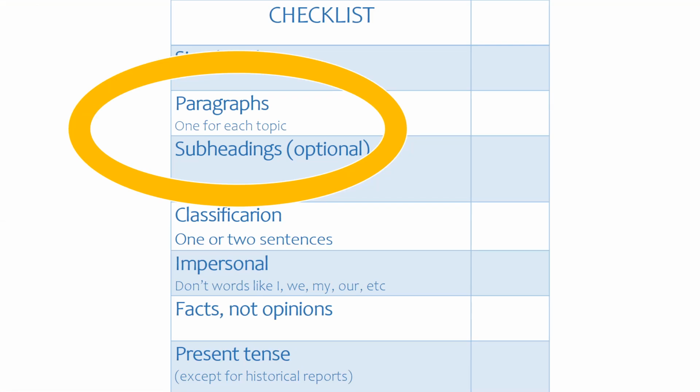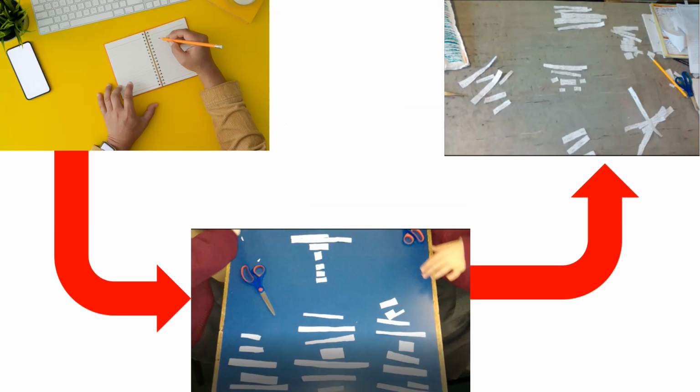Our next step is to decide what each paragraph will be about and write in those subheadings. When you have a lot of information on a topic, it's not always obvious what you should write each paragraph about. So what we did was to write everything we knew about hurling onto a piece of paper. Then we cut out these facts with scissors.